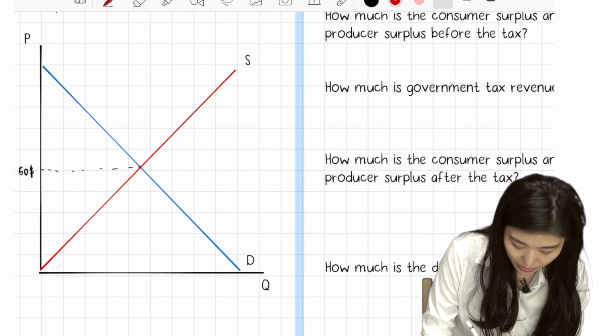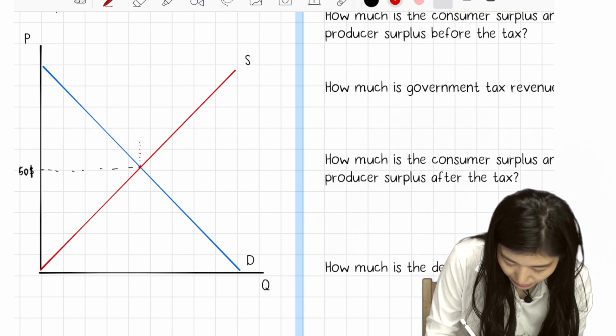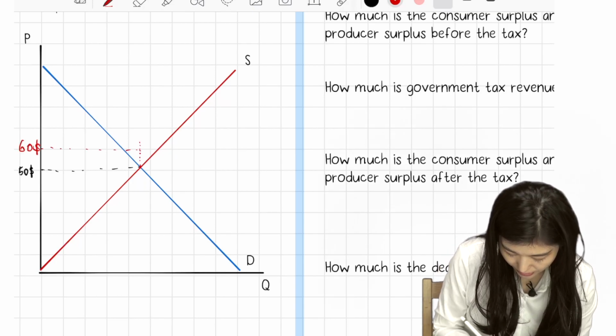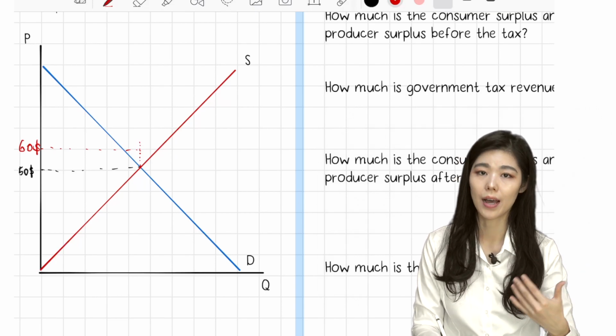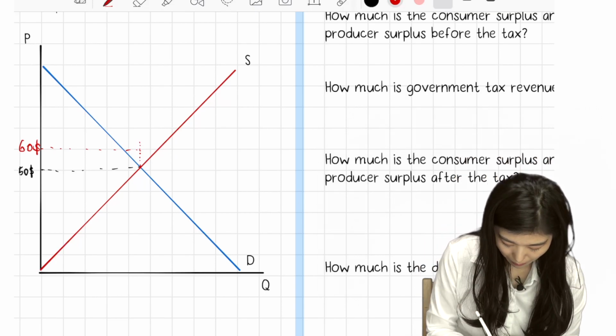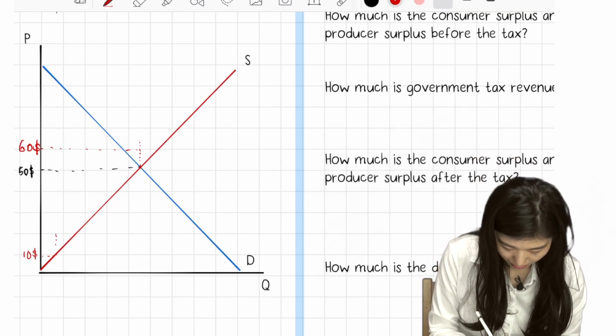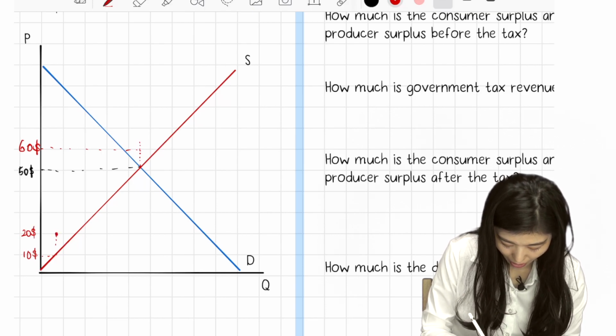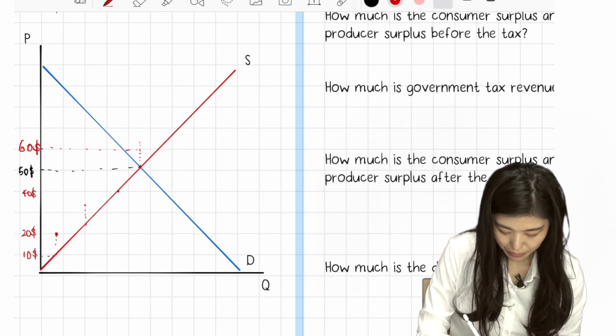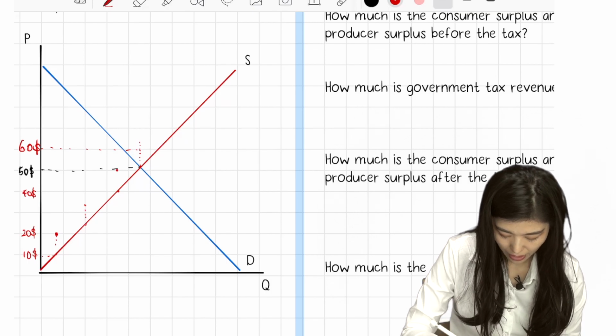For those suppliers who were able to supply this alcohol for $10, they would have to charge $20 in order to supply the same amount. And for all the other suppliers as well, those who were able to supply at $40, for example, now they have to charge $50 and so on.